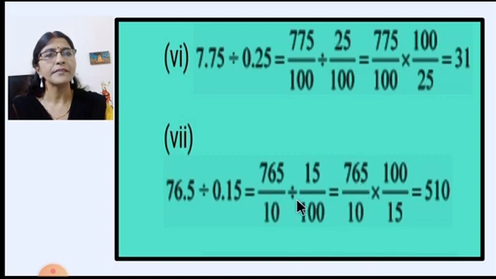This division will be multiplication, and 15 upon 100 will be written in reciprocal form. So 100 will be in the numerator place and 15 in the denominator place. Then you can see here 10 and 100 we can reduce, 10 tens are 100. In the same way this can also be reduced. Then on multiplication, solve it in your notebook and see whether you get this answer or not. You will get 510.